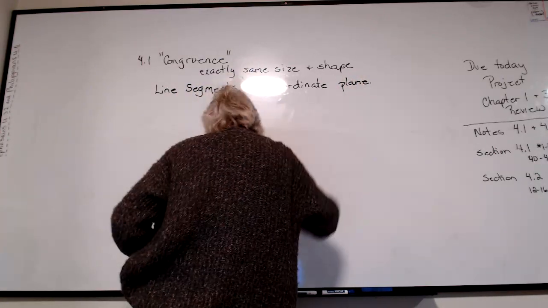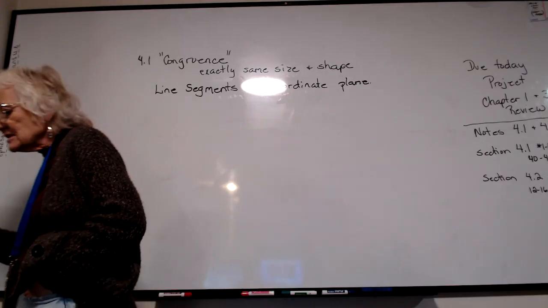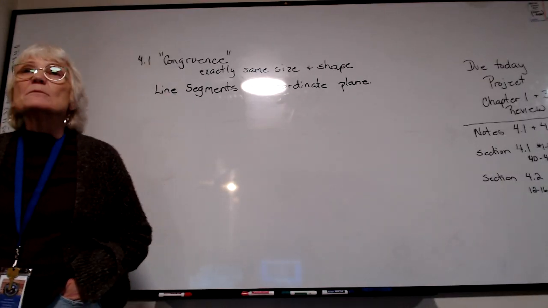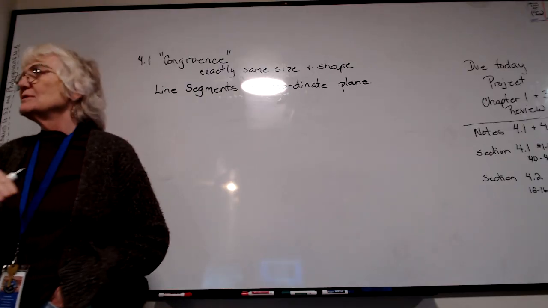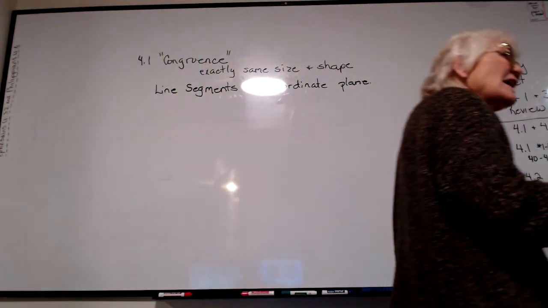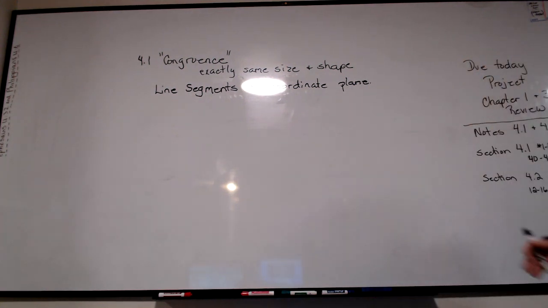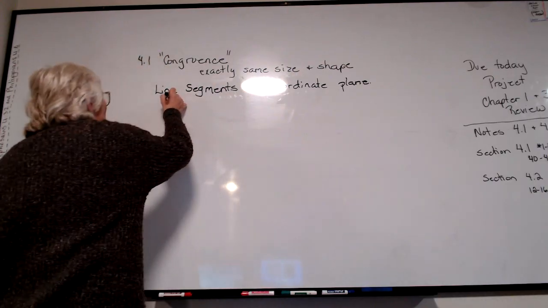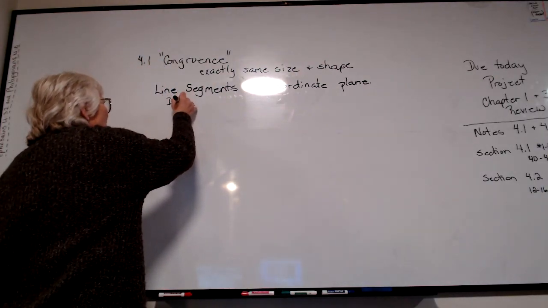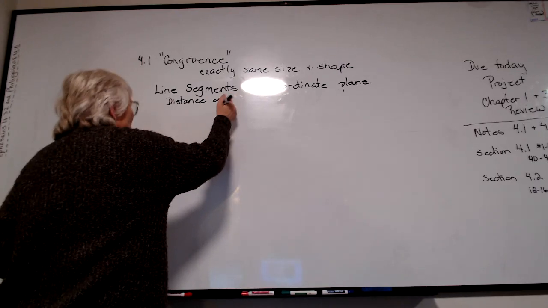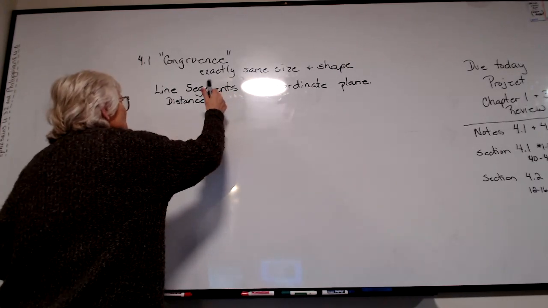A lot of geometry uses a coordinate plane, and the coordinate plane is how we tie it back to algebra, because we're looking at similar things on a coordinate plane as we do in algebra. So what we're going to talk about today includes the distance on a coordinate plane, the distance between 2 points.